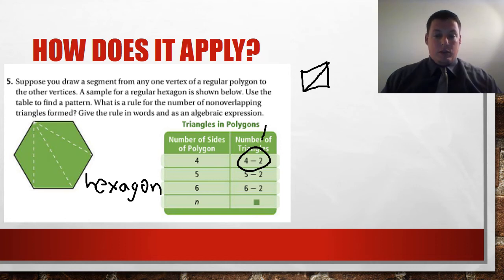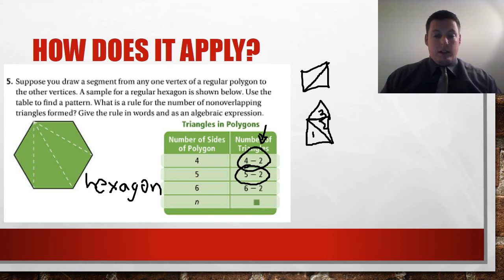And notice we're always subtracting 2, because if we have a pentagon and we pick a vertex and draw it to the non-touching sides, we can see I have made 3 triangles. So 5 minus 2 gives us those 3 triangles, and so forth.